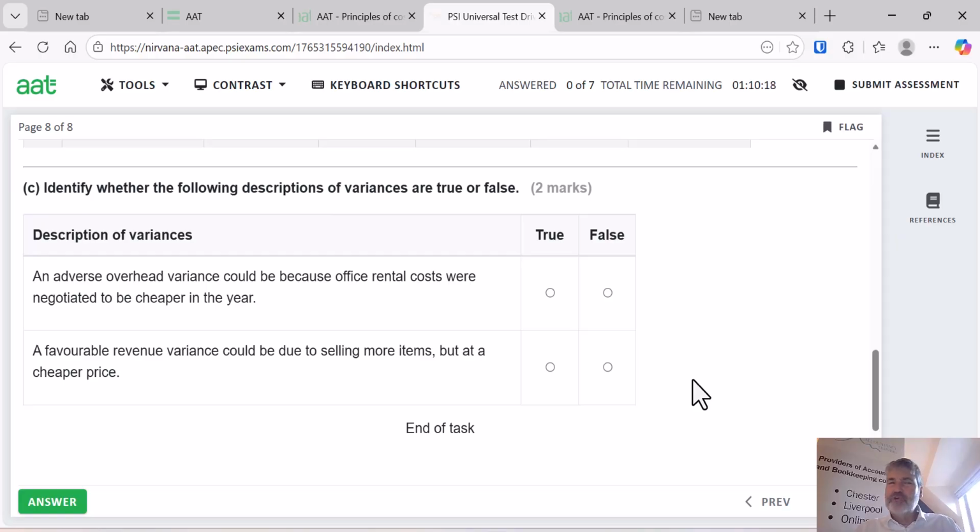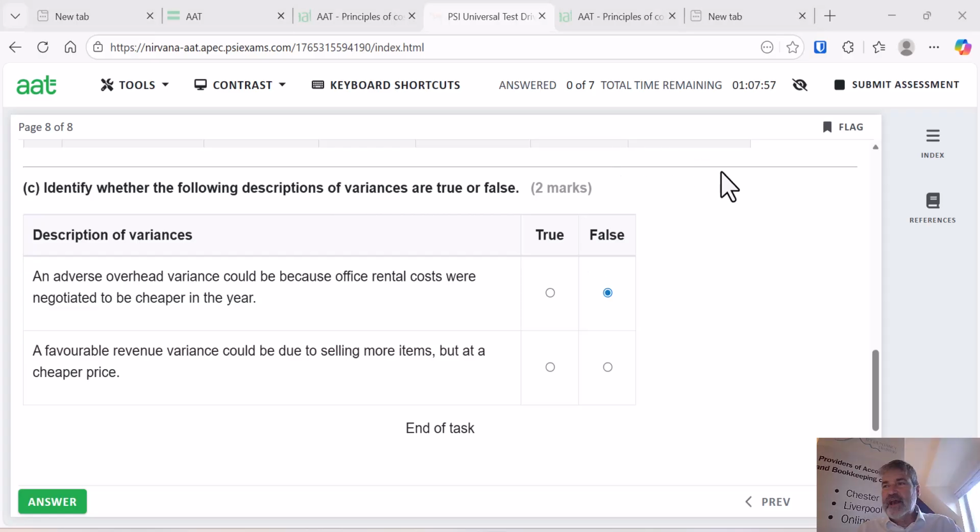So if we've negotiated a cheaper rent, we would expect the actual cost to be lower, not higher. So basically that statement is false. An adverse overhead variance won't be because office rental costs were negotiated to be cheaper. That would mean we would have a favourable overhead variance.